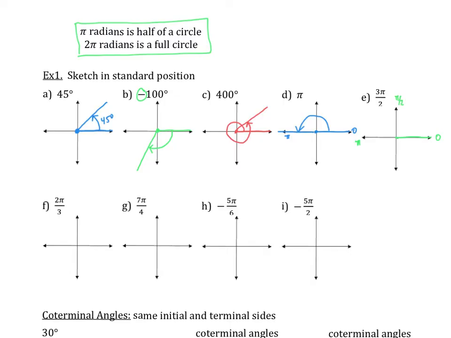Now that I know how big 1 pi over 2 is, I should be able to travel 3 pi over 2s. Okay, let me think about this. From my initial side, 1 pi over 2, 2 pi over 2, 3 pi over 2. So I'm going to end right down here. I'm going to draw the terminal side, and I'm going to draw an arrow showing that I went in the positive direction.